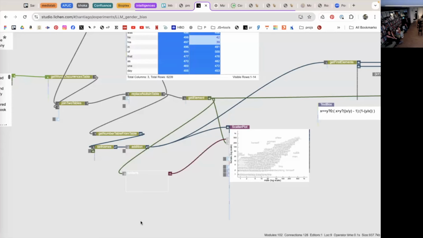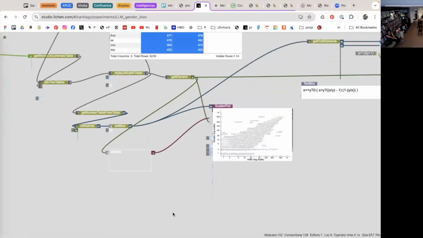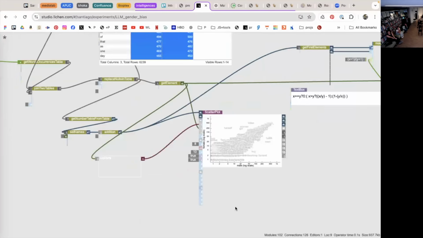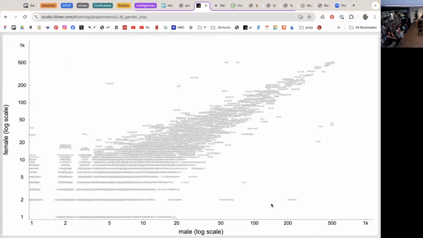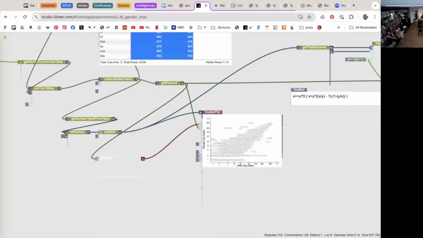It's impossible, right? So how do I actually, more as a statistician, validate that what we are looking at here is not out of randomness, right? Because obviously, if you have 500 stories, you will see some words that appear more in a certain group of stories than others. So what I did is I shuffled the 1,000 stories and ran the same analysis for 500 random versus 500 random.